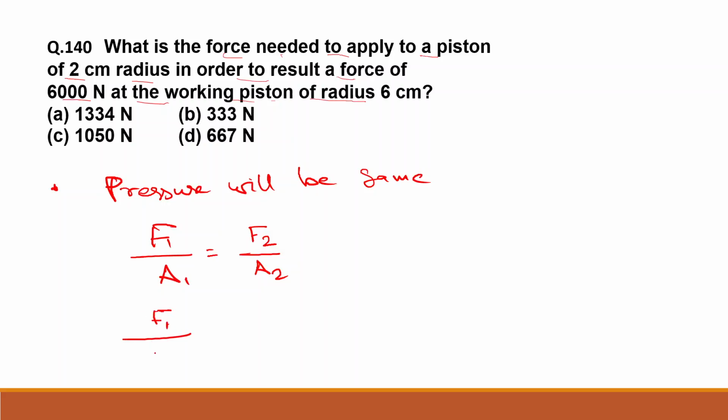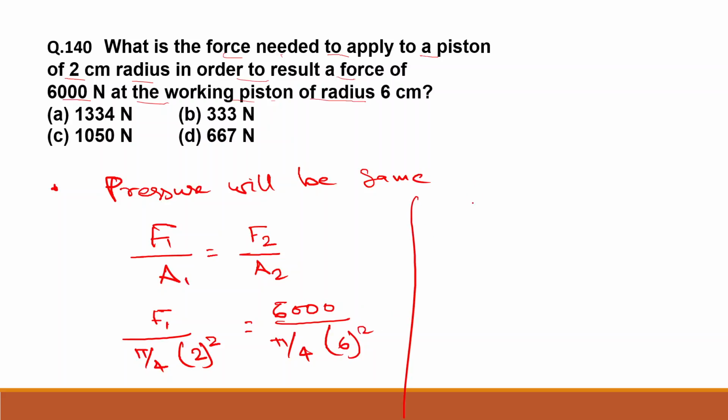Then area is equal to pi by 4 into 2 square, centimeter given here, and F2 is given as 6000, upon area 2, which is pi by 4 into 6 square. By solving here I get the value of F1.